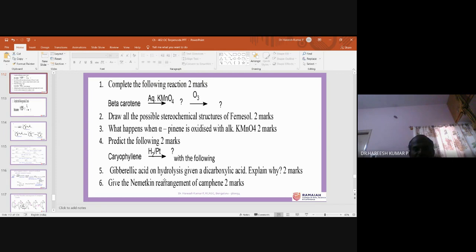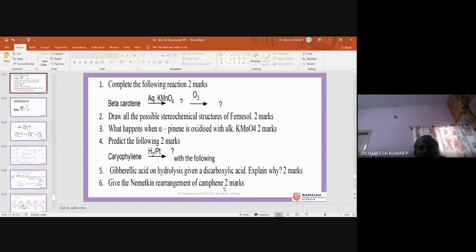Then gibberellic acid on hydrolysis gives a dicarboxylic acid. See here, gibberellic acid on hydrolysis will give you two products, that is, gibberellic acid and gibberic acid. You have to explain the formation of the two products here. And the Wagner-Meerwein rearrangement in camphene.